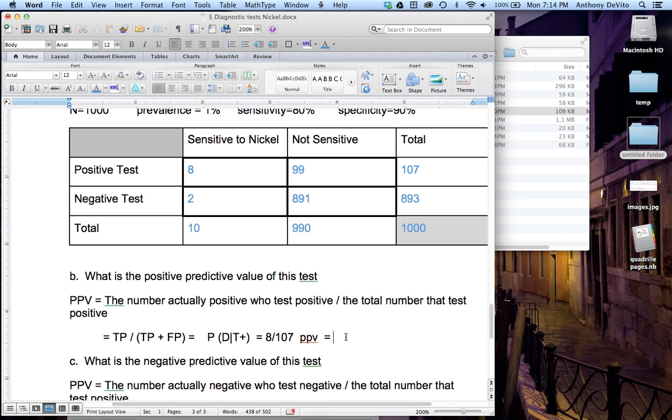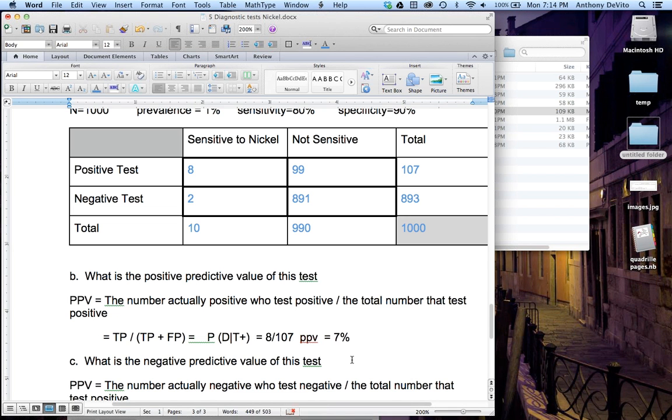What is that? 7%. Okay. So if you get a positive test, 93% of the time you won't have the disease, even though you got a positive test.